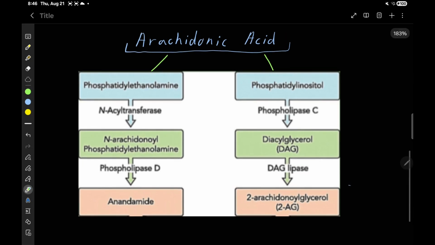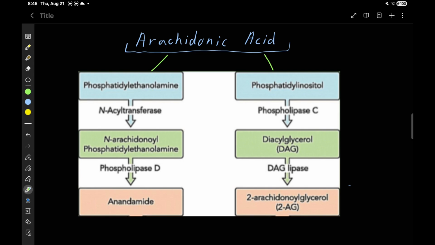This fatty acid is involved in all sorts of different biological pathways and processes, and two derivatives of arachidonic acid are shown here and here in your blue boxes. So you have, I'm going to struggle to pronounce this, but phosphatidylethanolamine and phosphatidylinositol.